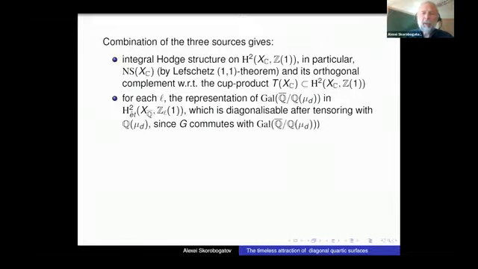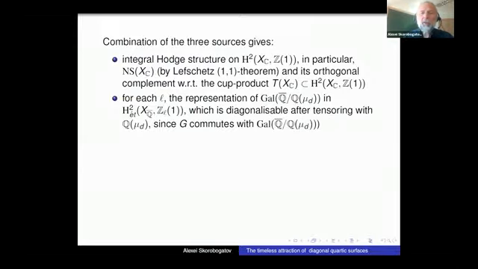Now, by Weil, we know how the Galois group acts. There's a slight difficulty here, which is that we need the Galois group that commutes with the action of G. Let me remind you that G is this group which multiplies each coordinate by a root of unity. It's an abelian group, just a product of three copies of the cyclic group of order d.